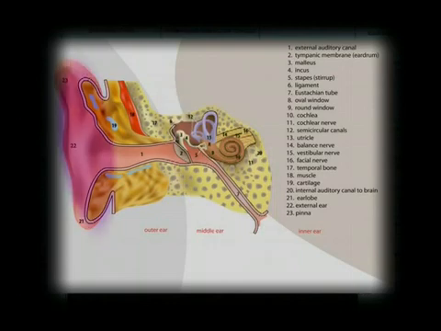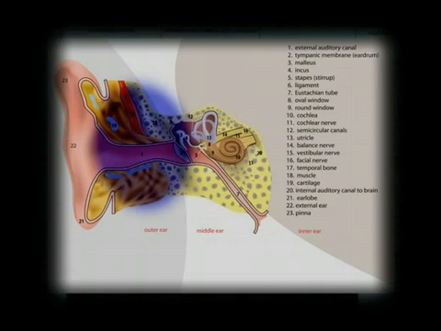The external ear is the outer part of the ear. It contains the external auditory canal, and it ends at the tympanic membrane, which is the starting of the middle ear. Now the middle ear consists of especially bones.